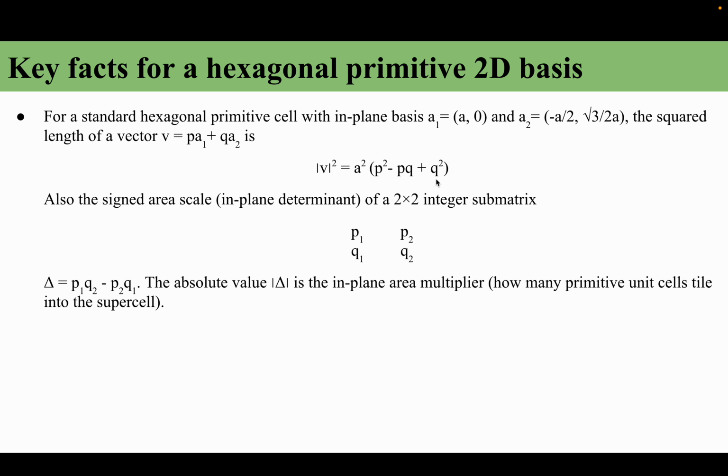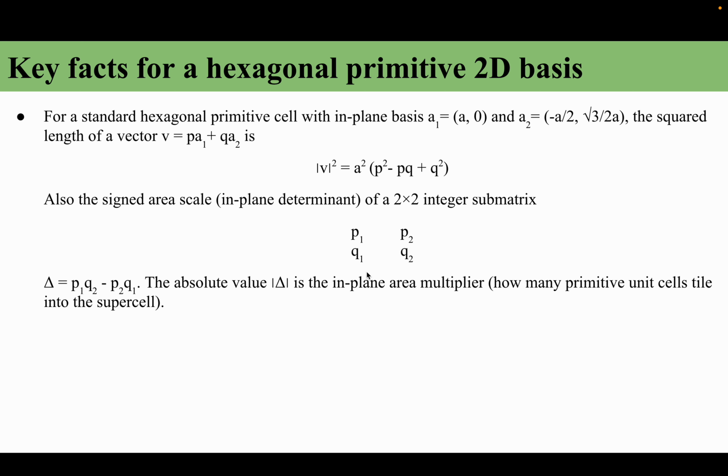And next, if we write the signed area scale as a 2 by 2 integer submatrix, we can write it simply as p1 p2 q1 q2, which is nothing but a matrix. In the slide I did not have a long bracket to put over here, that's why I have written it like this.